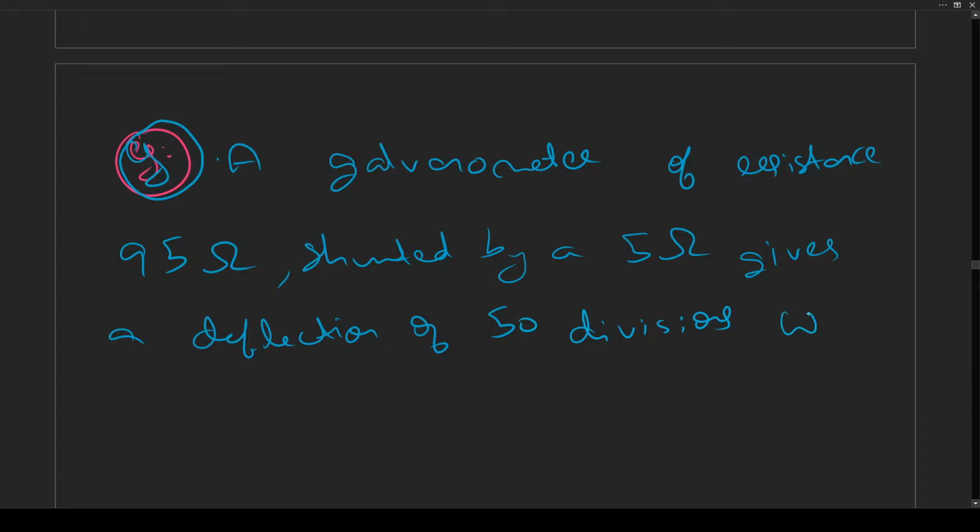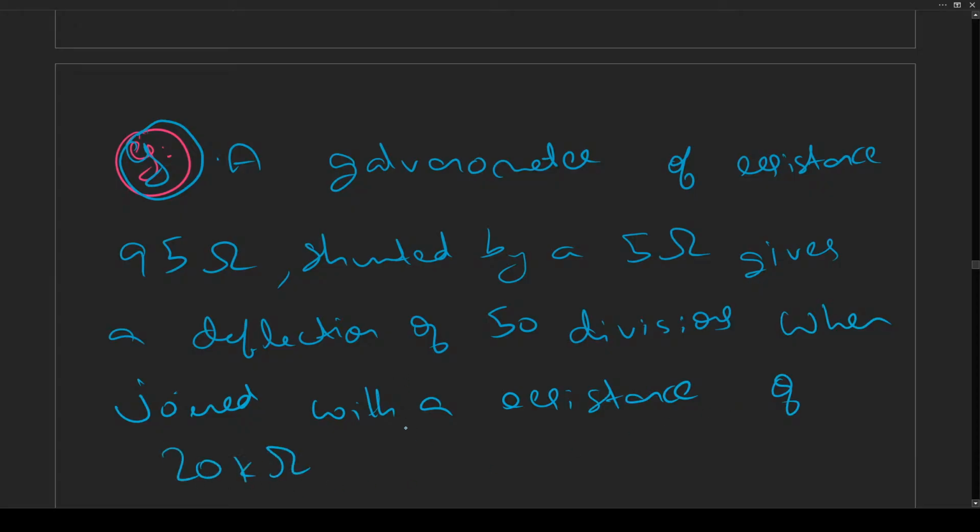That is, when joined with a resistance of 20 kilo ohm and a 2-volt accumulator.